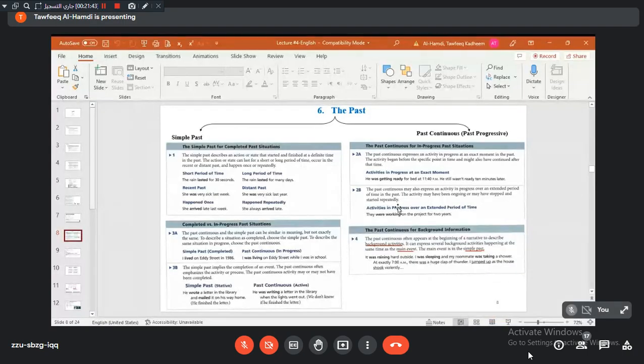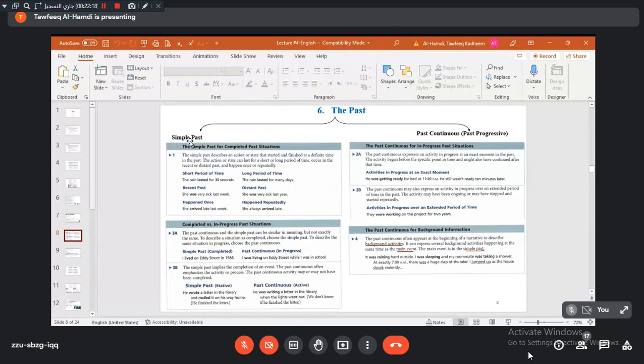When it comes to talking about the past, we should talk about the simple past and the past continuous, or in some textbooks they call it past progressive. Related to simple past, the simple past is for completed past situations.